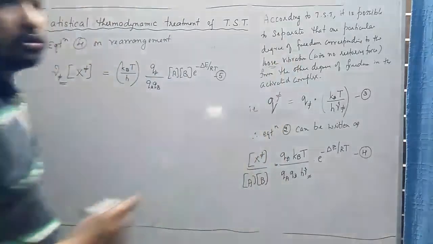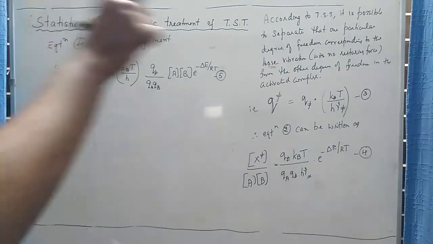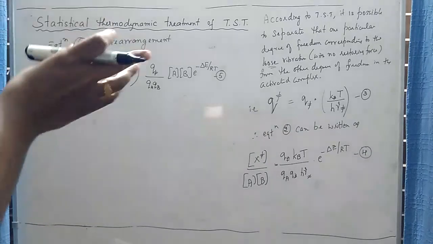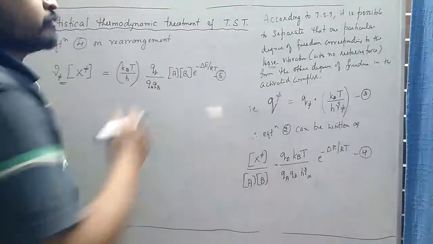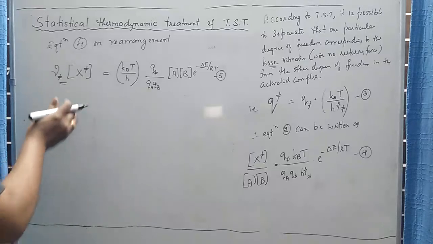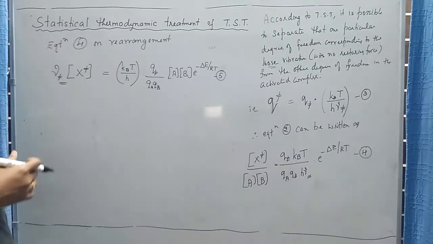And I already told you, it is the frequency of the loose vibration, which corresponds to zero restoring force, that is very important for the formation of the product. It is the frequency of this particular vibration which is important for the formation of the product. So the LHS of the equation can be argued as nothing but the rate of the reaction.